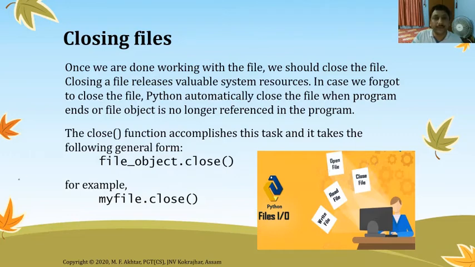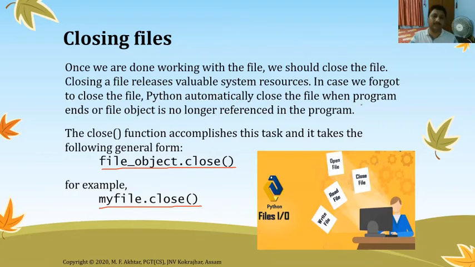In case we forget to close the file, it may happen that we are writing the program, working with the file and forget to close it. To close a file we have to write a special command: the file object, then dot, then close. For example, myfile.close(). If you want to close the file myfile, then we have to write like this. But if we forget to write this closing statement, then Python will automatically close the file.